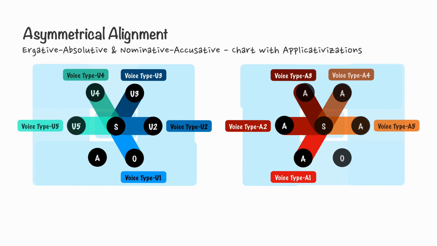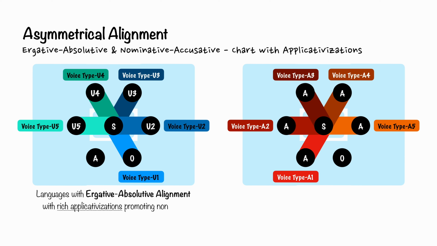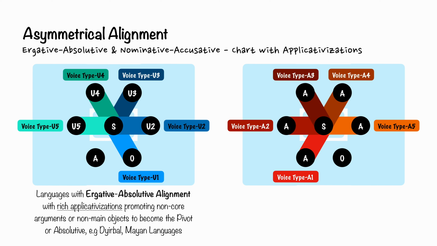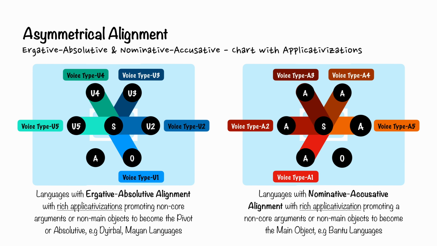However, if we extend the morphosyntactic comparison to include applicativization, ergative-absolutive languages with rich applicativization, such as Dyirbal, which promotes undergoers to pivots or absolutives, would also resemble this chart. Similarly, nominative-accusative languages with rich applicativization, like Bantu languages, which promote undergoers to main objects, create a similar structure to this chart.